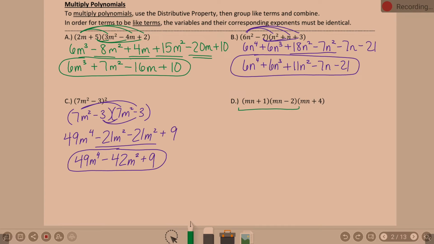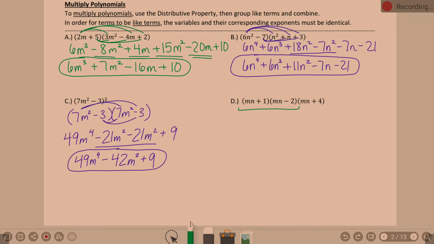So we split them up. We're going to hold on to the mn plus 4. We're going to multiply these two, get that answer all nice, and then multiply again. Does it matter if I do like mn minus 2, mn plus 4? It does not matter which two parentheses you pick first and which one you save for last.